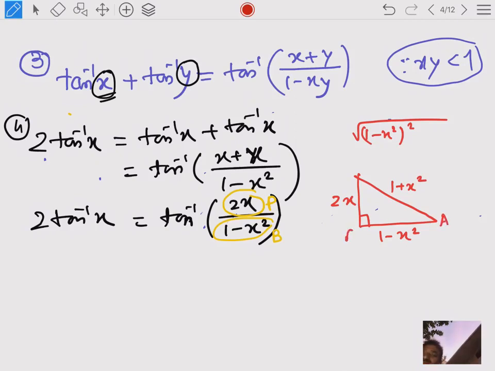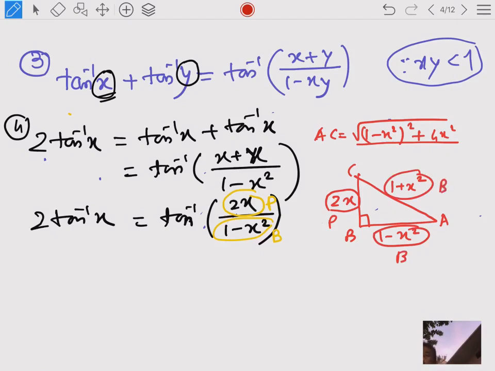If it is ABC, then AC is equal to the square root of (1 minus x square) whole square plus 4x square, and using algebraic identities, it will become 1 plus x square. So now this is the perpendicular, this is the base and this is the hypotenuse.